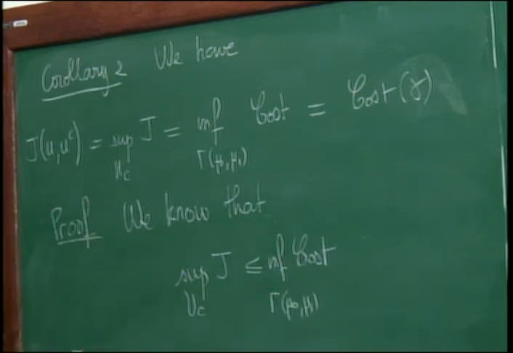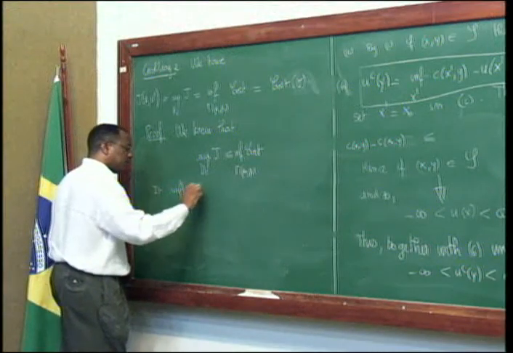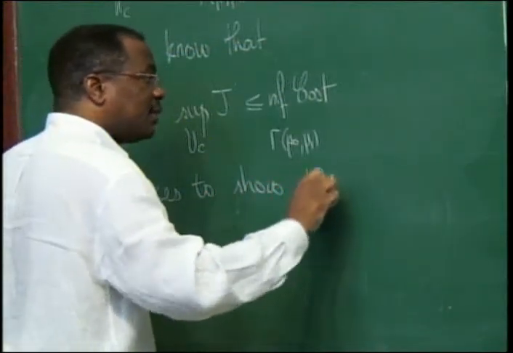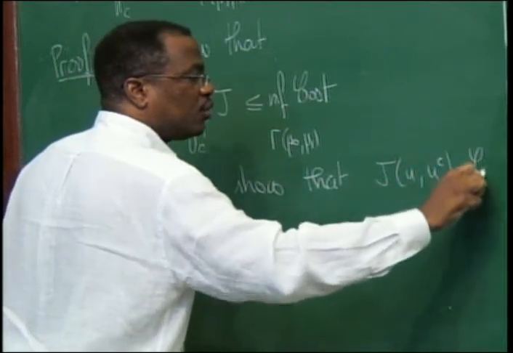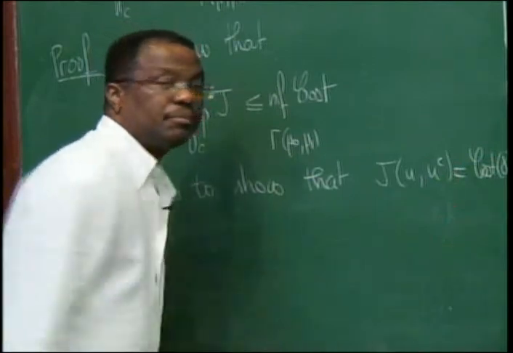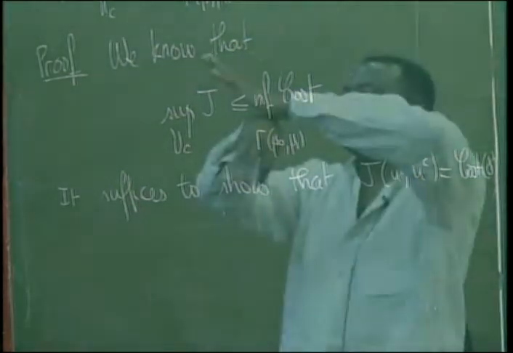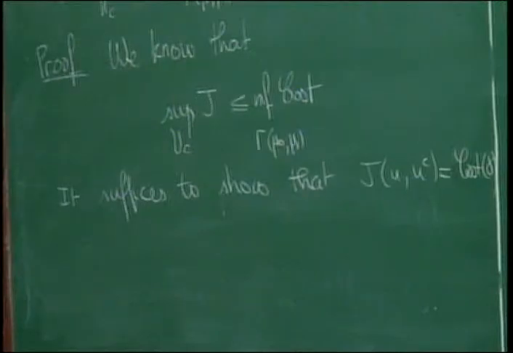It suffices to show that J of (u, c) is the cost of gamma. So I have two graphs. One is above the other. If they intersect at one point, then the graph which is above has a minimum there, and the graph which is below has a maximum there.